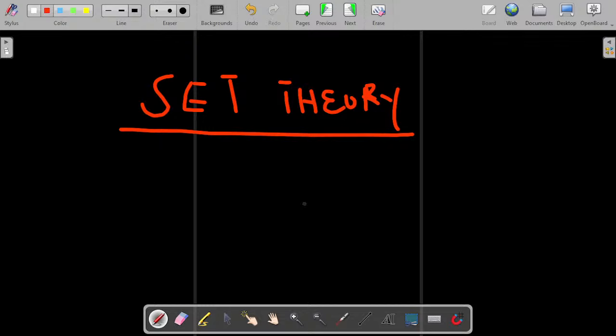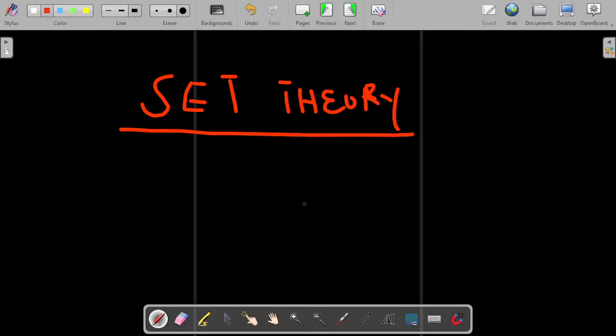So we're going to define sets. I don't know if you say you're not seeing my board. So I want to define sets as: a set is defined as a collection of distinct objects or items.